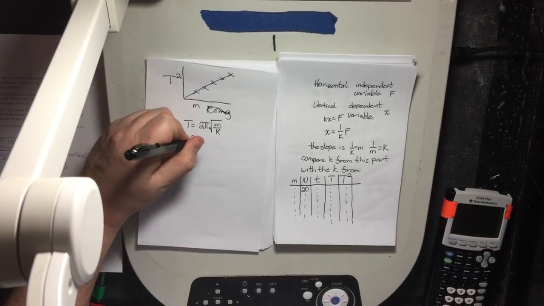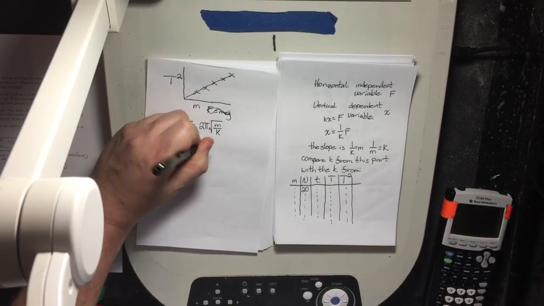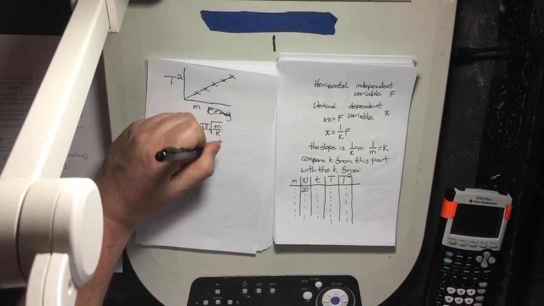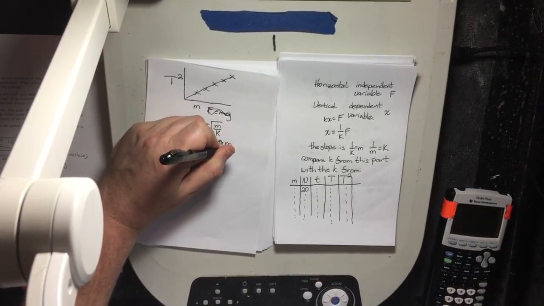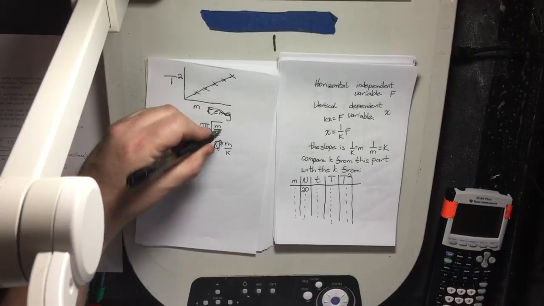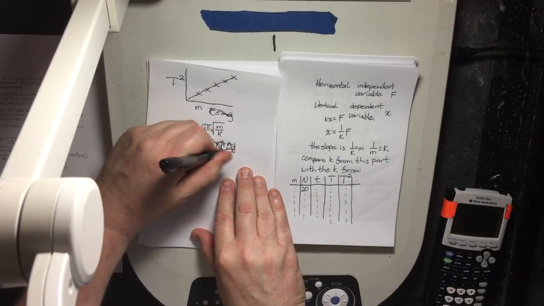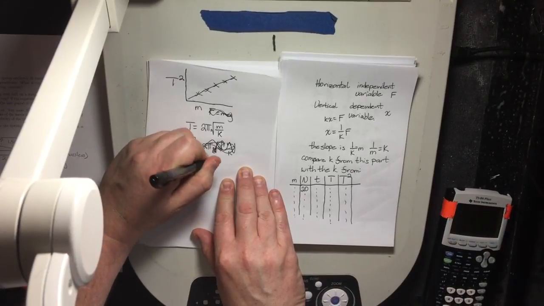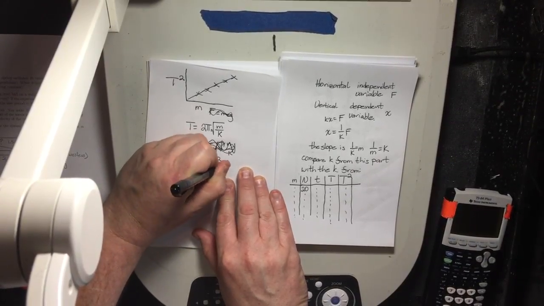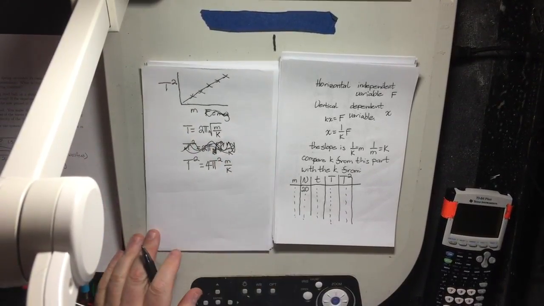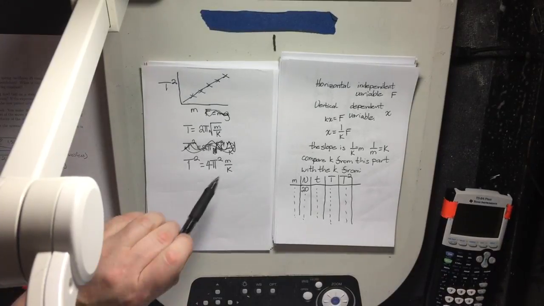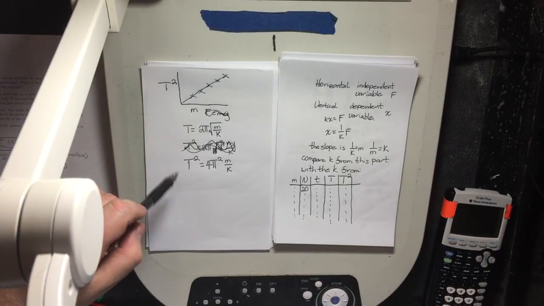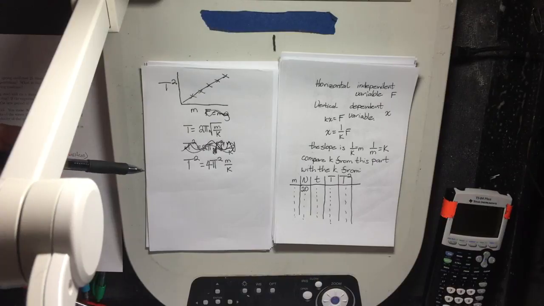But if you use T squared, if you double, oh, hold on, get rid of that whole thing. T squared equals 4 pi squared m over k. If you double m here, you double the period squared on the left.